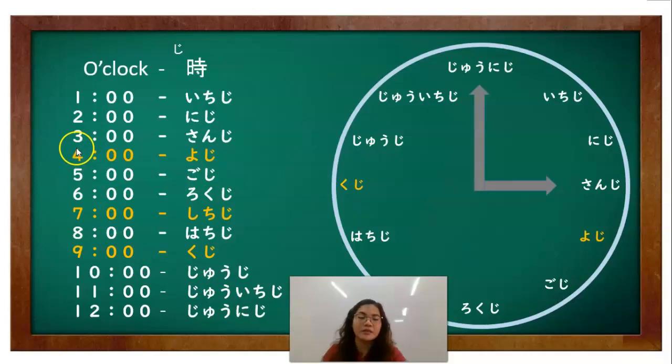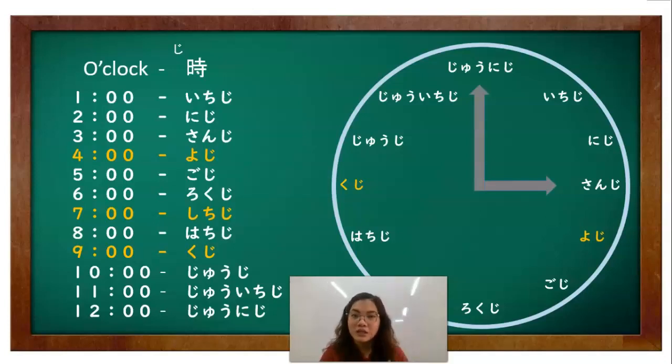So as you can remember, 4 is yon, but in time, it is not yon, but only yo. Okay? Yoji. Same as 7. 7 is special because generally, nana is used for 7, but in time, the other way of saying 7 is shichi. So shichi is only used in time. Okay? So you can't use nanaji. Okay, it's wrong.